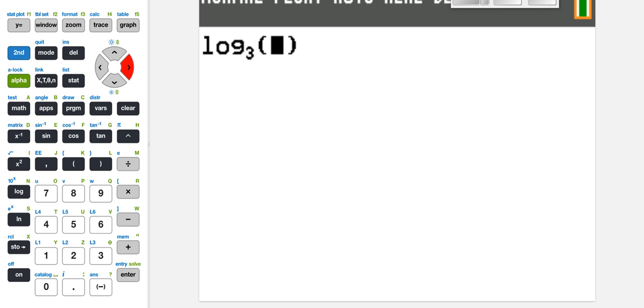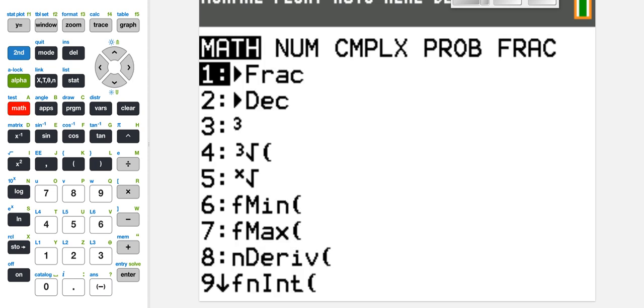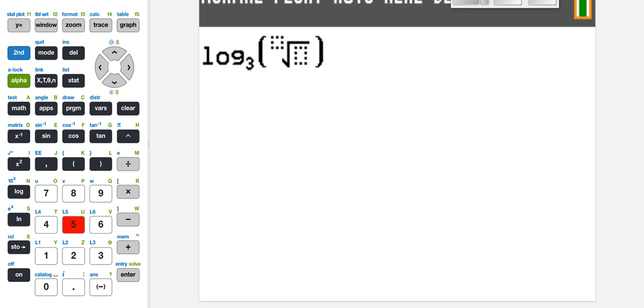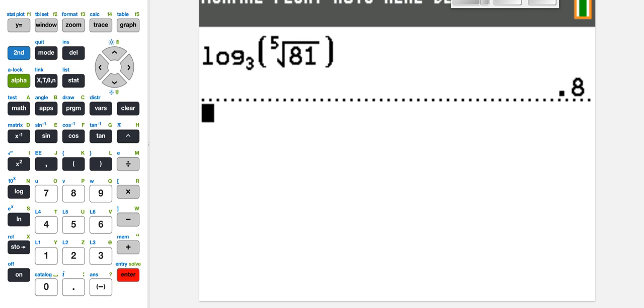So you do math again. So now you want to go to this one, number 5. So it's the fifth root. What's under the root is 81. Enter. That gives you 0.8.